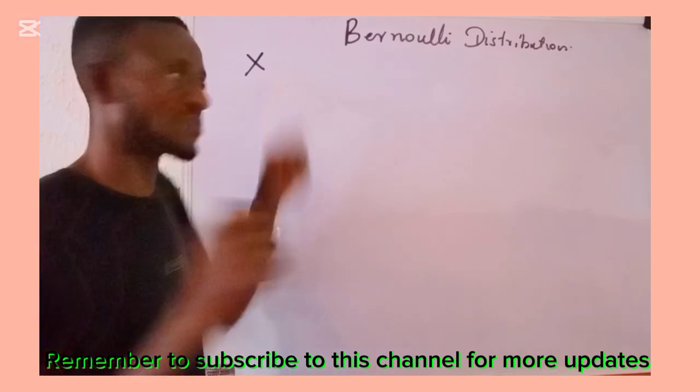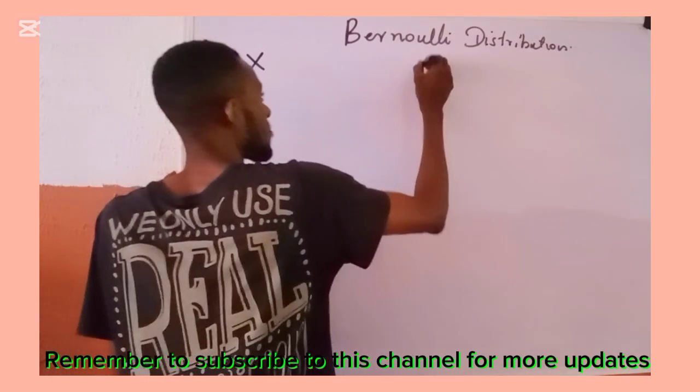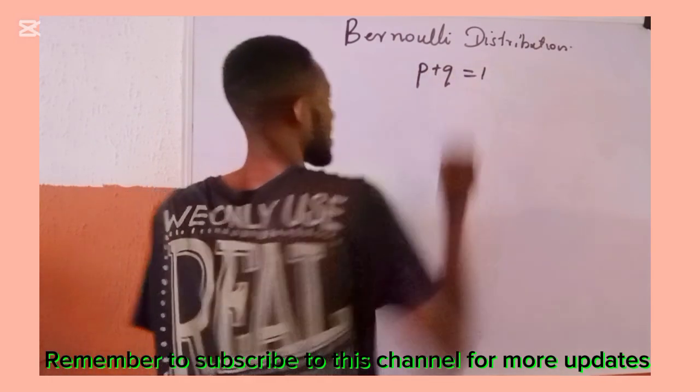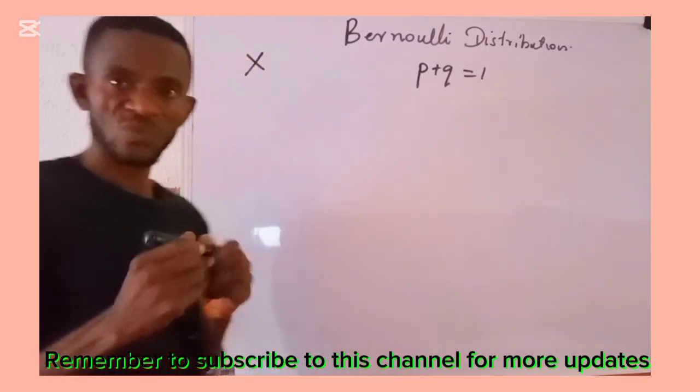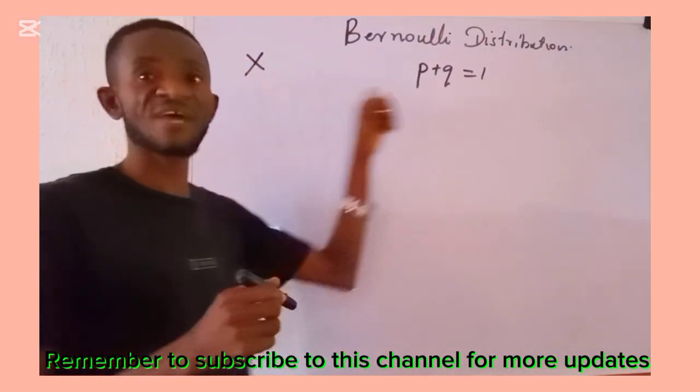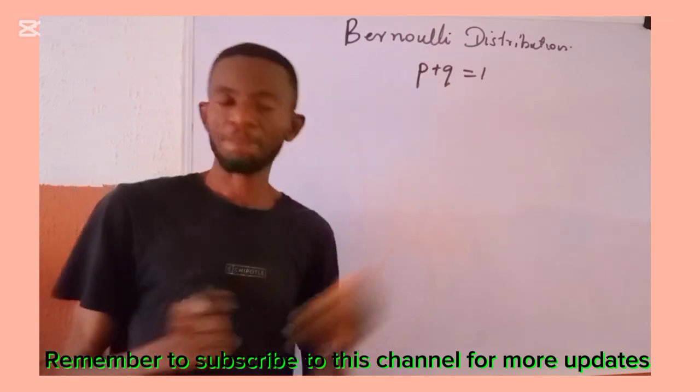And we have a condition. That condition is that probability of success plus probability of failure must give us 1. When a thing like that happens, we see that this random variable x now follows a Bernoulli trial.